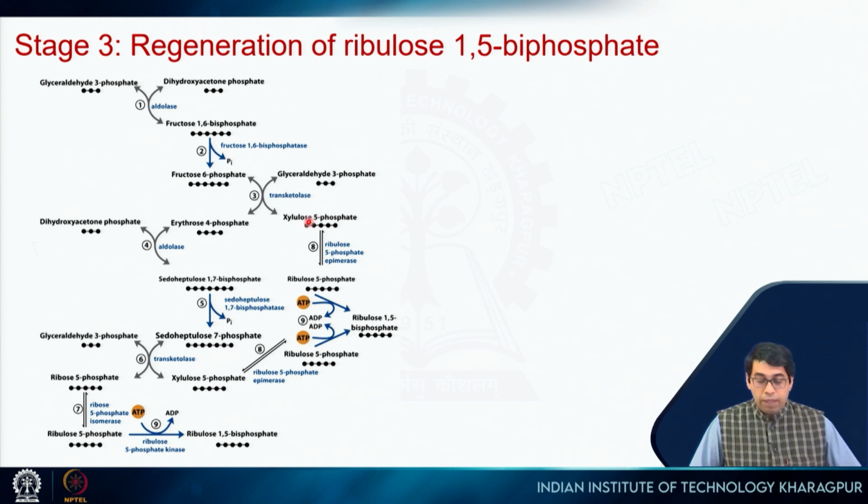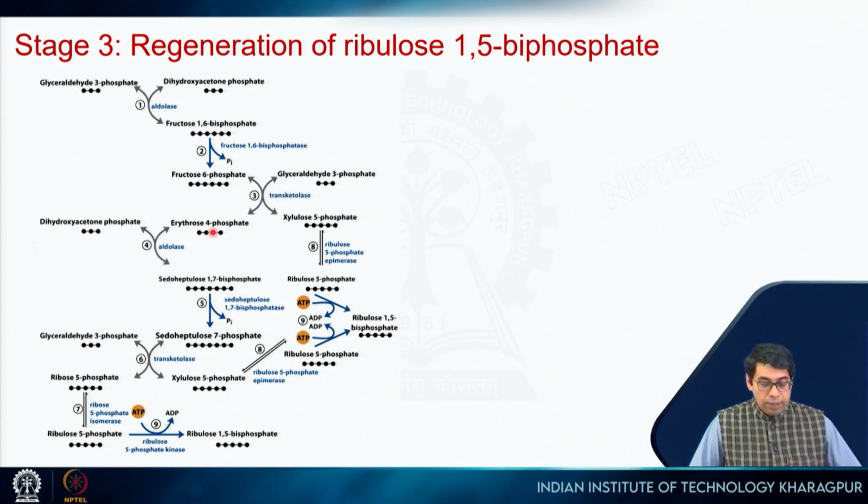Now, we need a 5 carbon molecule because ribulose is a 5 carbon sugar. So, this is converted to ribulose 5-phosphate by ribulose 5-phosphate epimerase. Okay. So, xylulose gets converted to ribulose and then another phosphate group is added by ATP to convert it to ribulose 1,5-biphosphate. So, we have synthesized 1 molecule of this, we need 3.